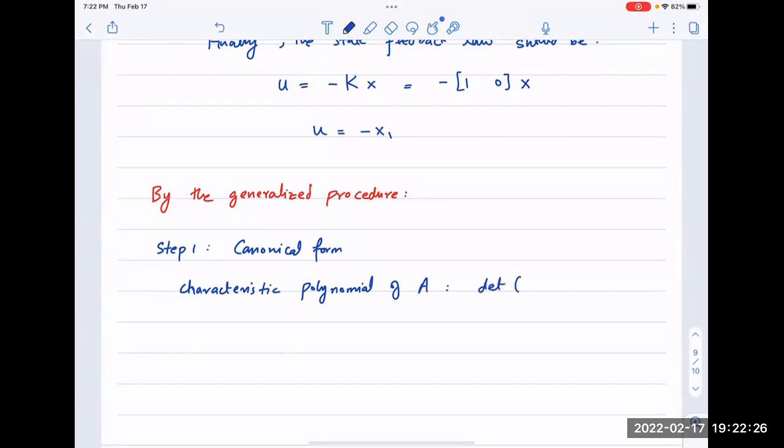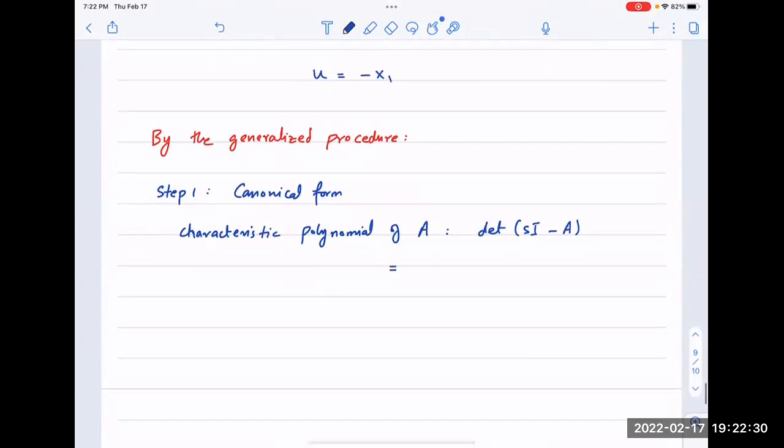That is the determinant of sI minus A, which, if you do sI minus A, is [s-1, 1; -1, s+2]. If you simplify this, it turns out to be s squared plus s minus 1.